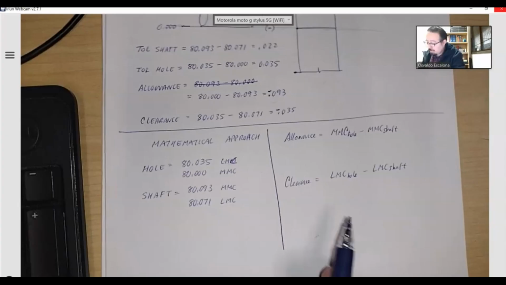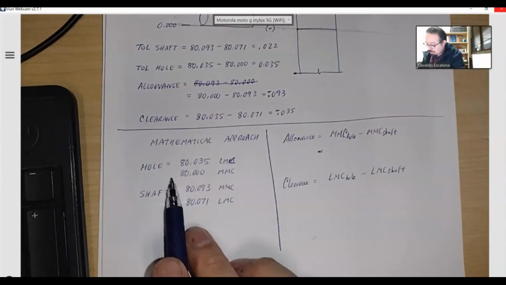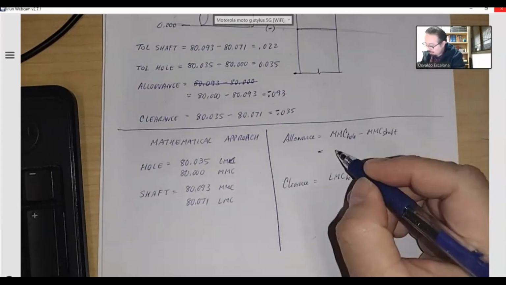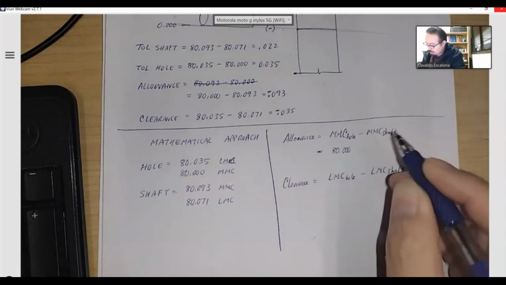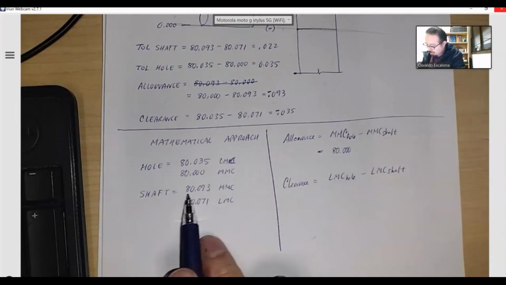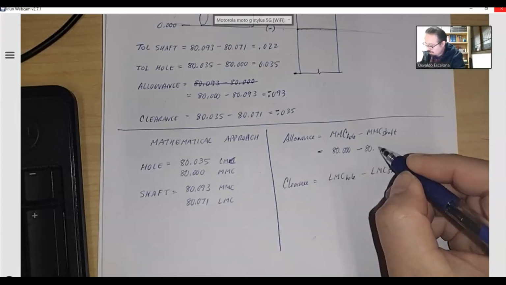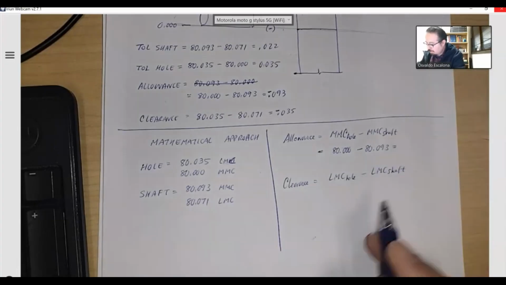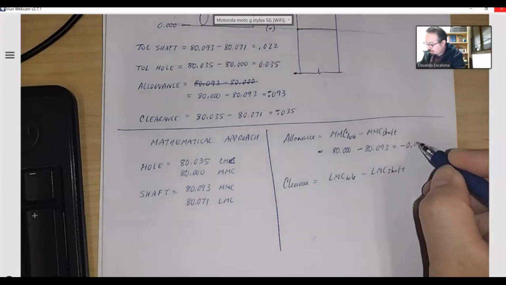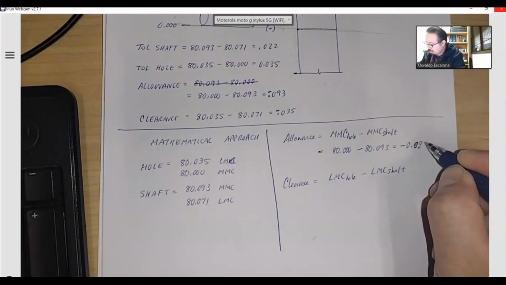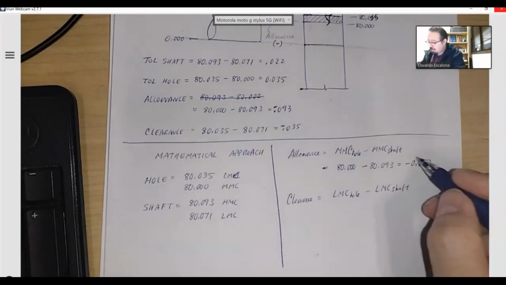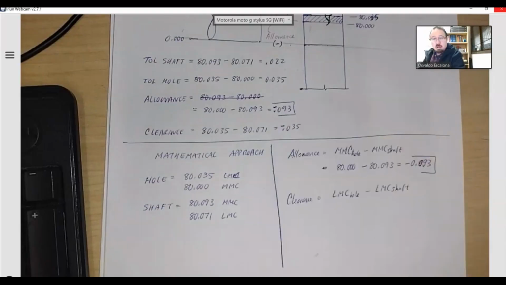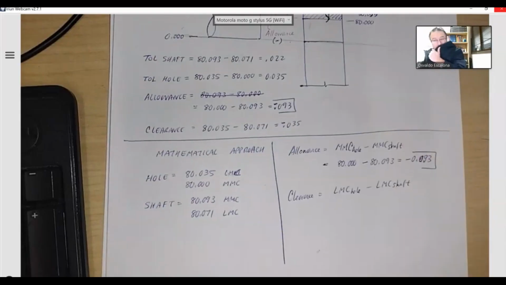Mathematically, what is the MMC of the hole? MMC of the hole is 80. MMC of the shaft is 80.093. And again, you're going to get negative 0.093, which is the same as the one you got before.